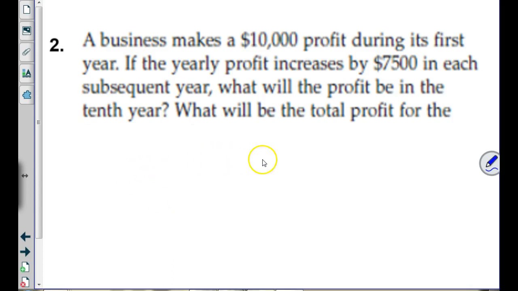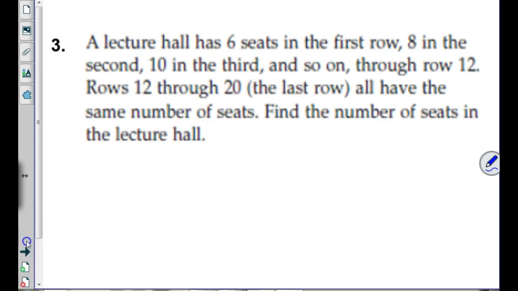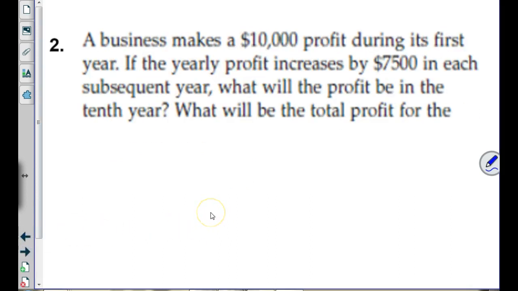What will the profit be for, does yours have more? No. It just stops there? Yeah, I guess we'll just figure out the 10th year. Is this arithmetic or geometric?